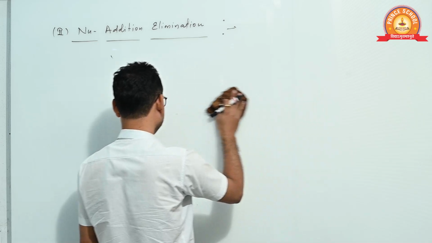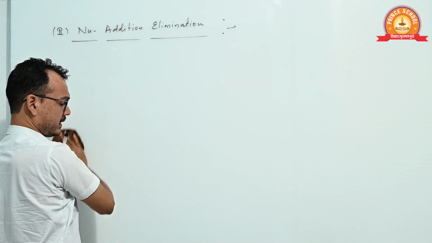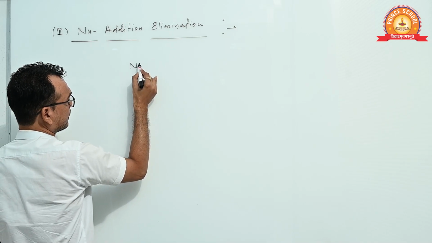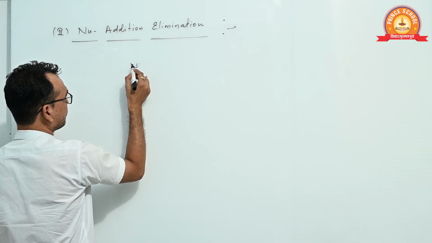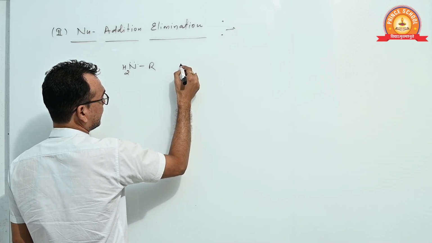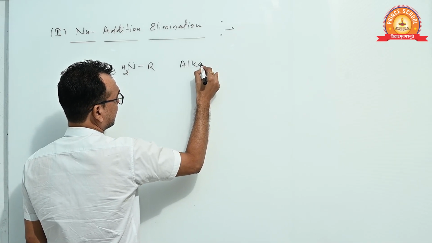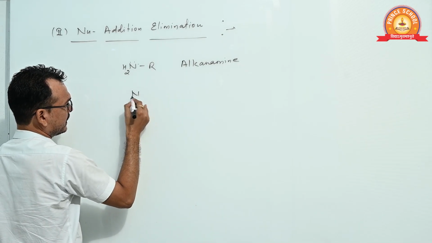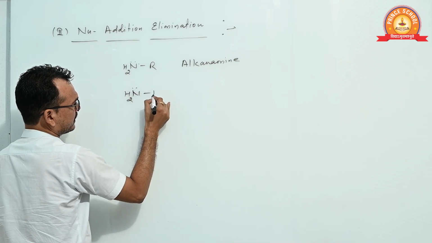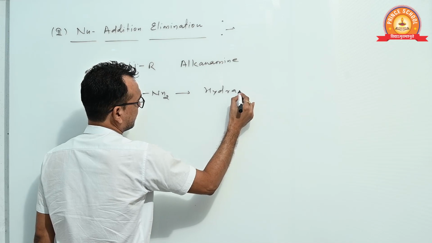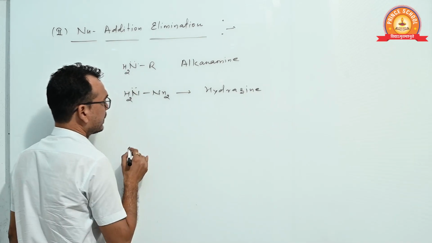We don't yet know about the derivatives of NH3, so let's see the different types of compounds. First is RNH2, called alkanamine. Clear. Second is NH2NH2, hydrazine.